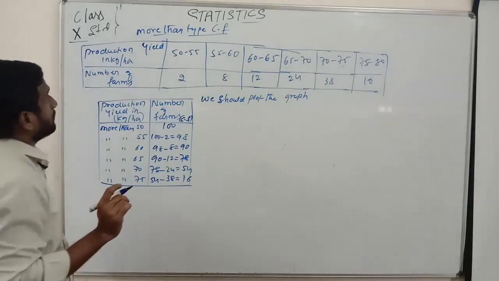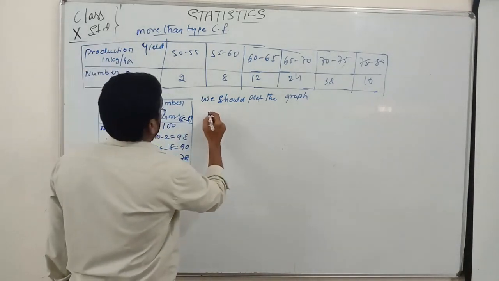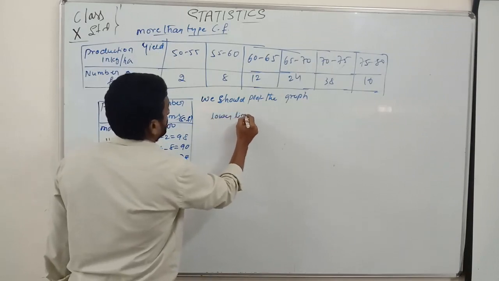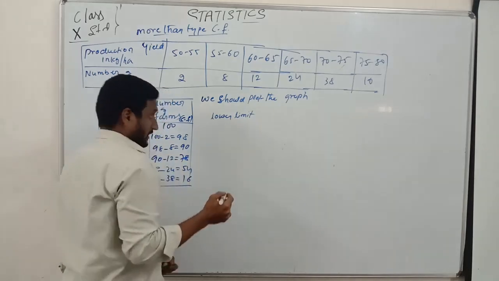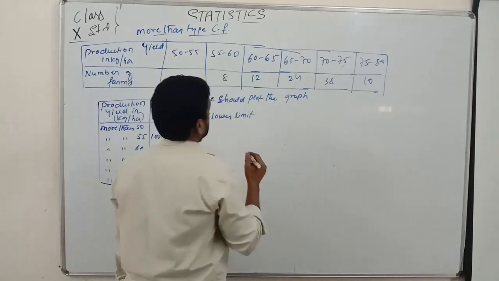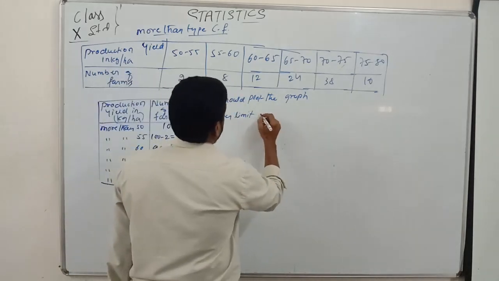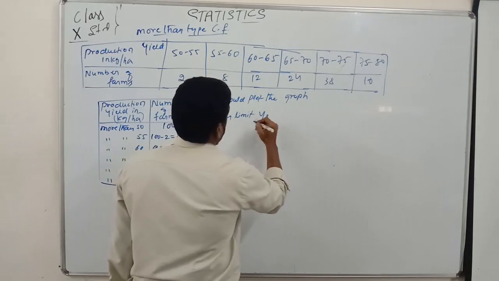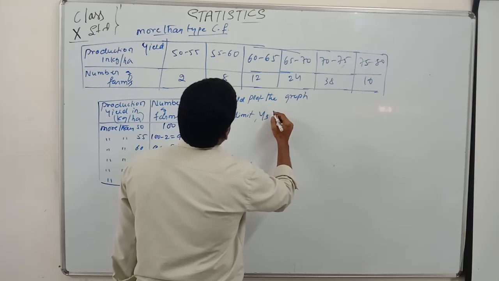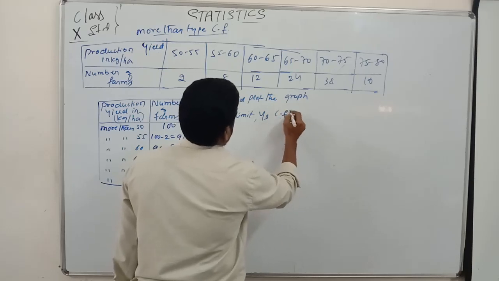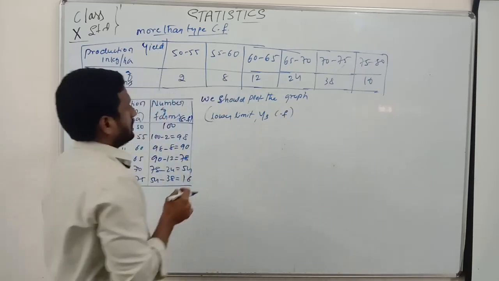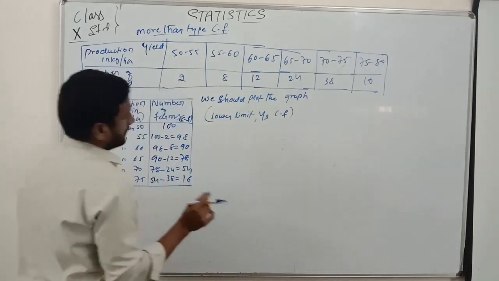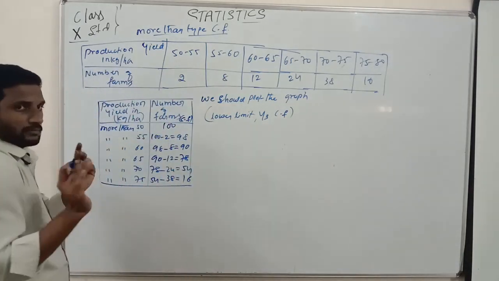More than type means the lower limit. We should plot the graph of lower limit versus cumulative frequency. This is important here. We can take it in brackets.